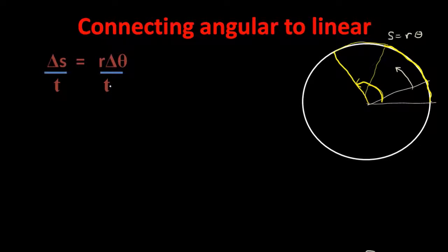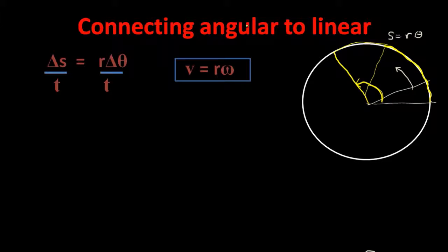We would have delta theta over t. That's the change in angle divided by time, which we just learned recently is called the angular velocity or the angular speed. And we use the letter omega to represent that. So this simple equation turns into the relationship that velocity is the radius times the angular velocity.